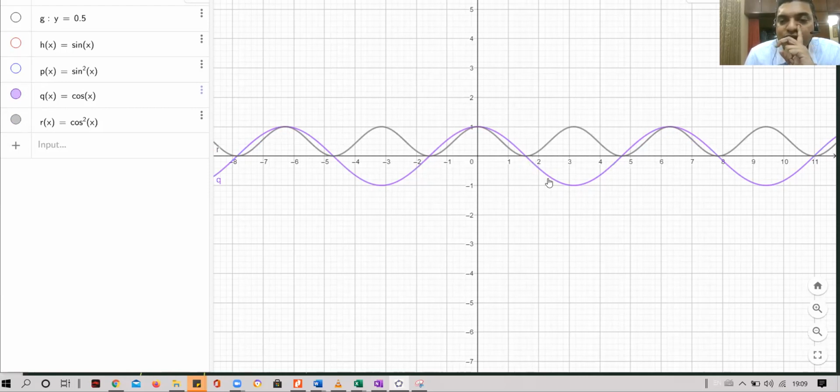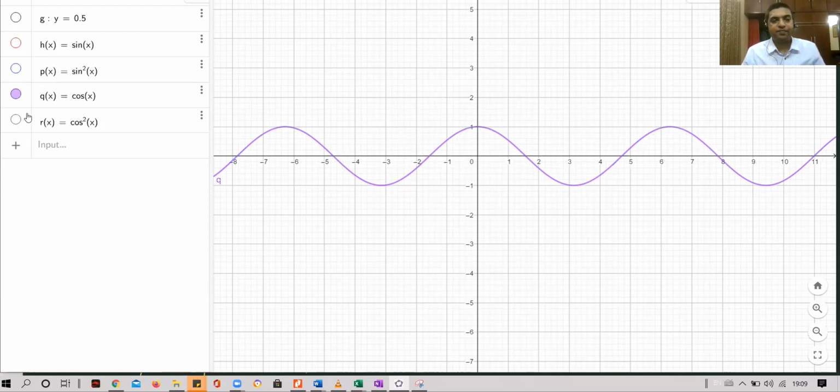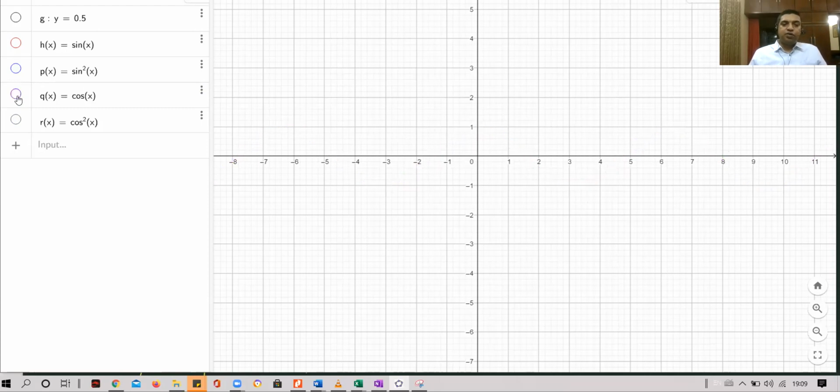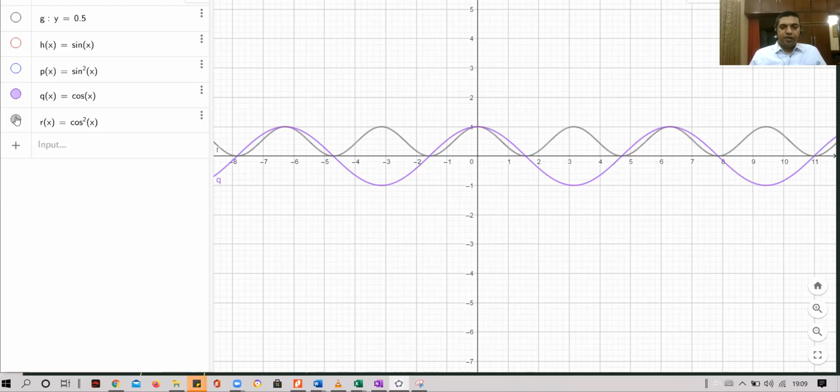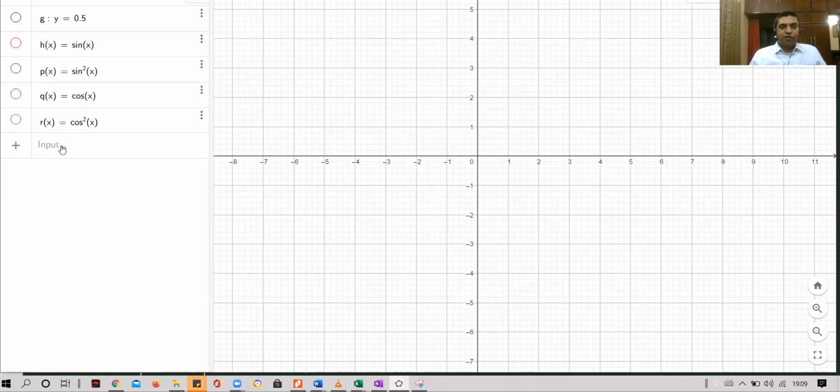The values get squared and go to the positive axis. So what we have observed is for sin x and cos x, when you square, the period reduces from 2 pi to pi. However, for tan x, that doesn't happen.